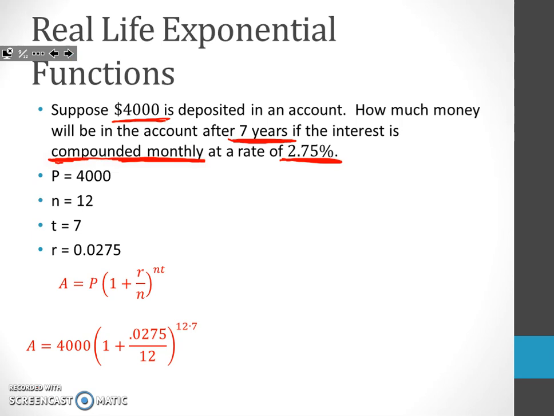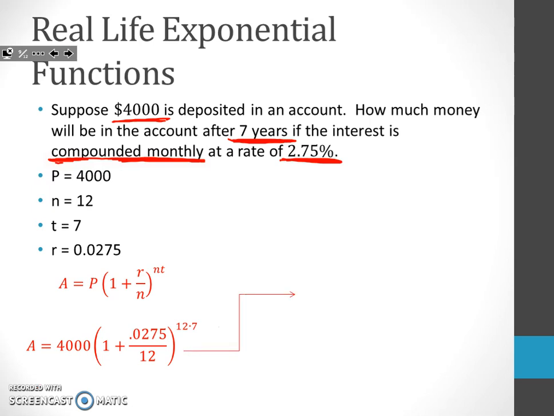Now, when you guys do this, take the time. If you need to pause this video, take the time to plug this into your calculator and make sure you know how to plug it in. The first thing I would do is simplify what's inside the parentheses. Don't hide any decimals; write all the decimals out. Simplify inside here, and go ahead and take 12 times 7.